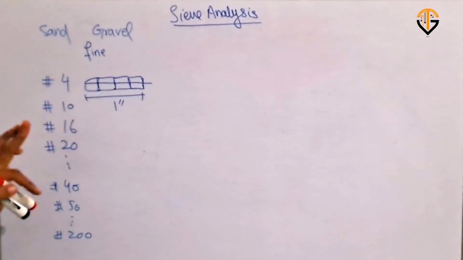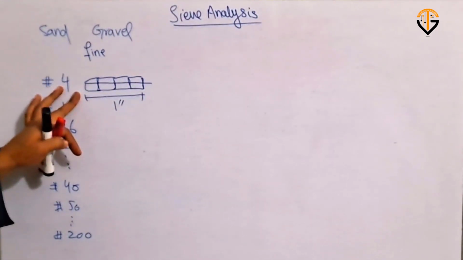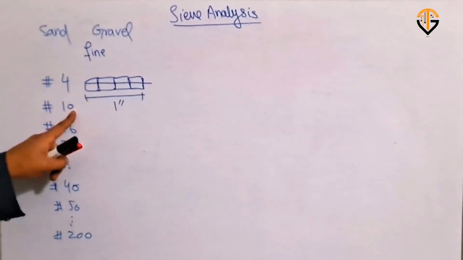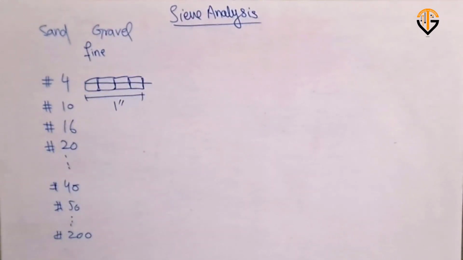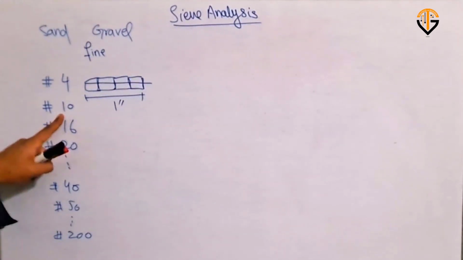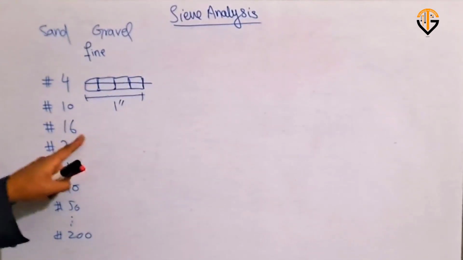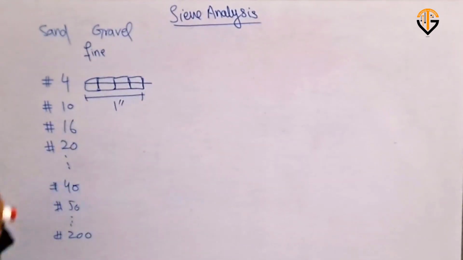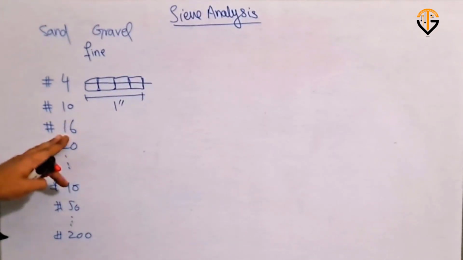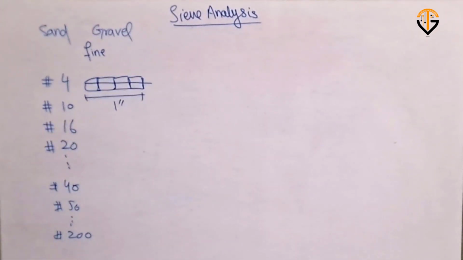If there are 10 openings in 1 linear inch, then the sieve is named sieve number 10. Similarly, if there are 16 openings in 1 linear inch, then the sieve is called sieve number 16, and so on.